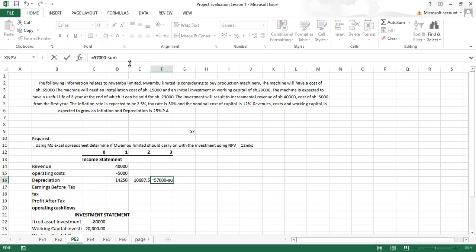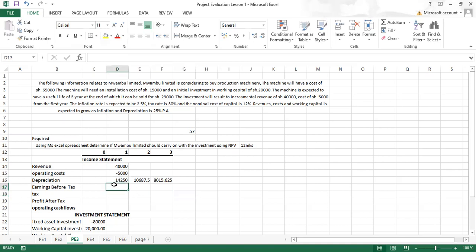You must put equal sign in front, minus the sum of these two, close bracket. No, I must open another bracket so that the multiplication doesn't, times 0.25, control enter. You see, that one is good because the asset always decreases. If you see it decreasing, you are good.